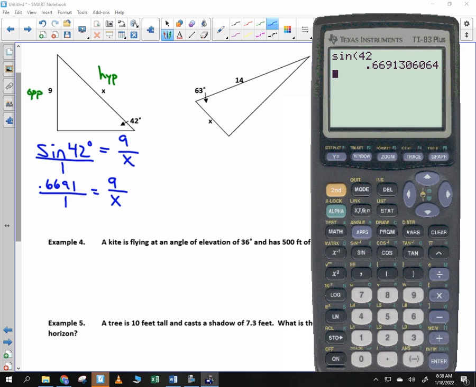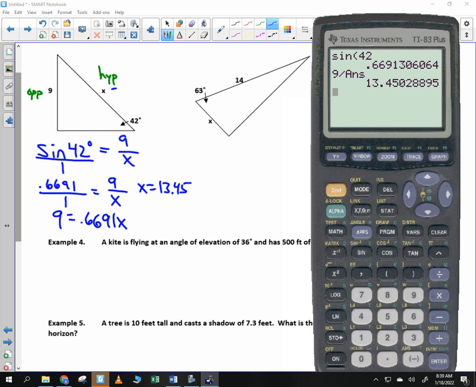Going to cross multiply. 1 times 9 is 9, which is equal to 0.6691 x. So 9 divided by 0.6691, and if you want, you can press second, the negative sign, answer, which just takes that answer and plugs it right in there. And I get 13.45.